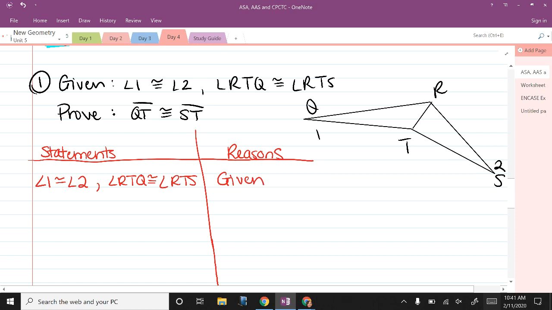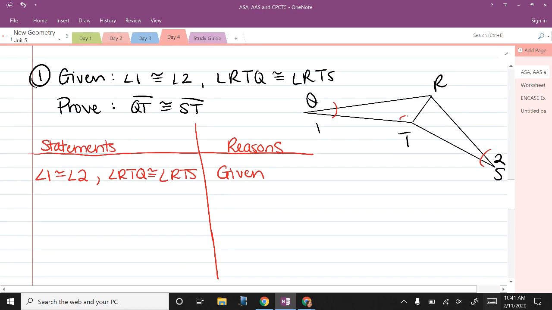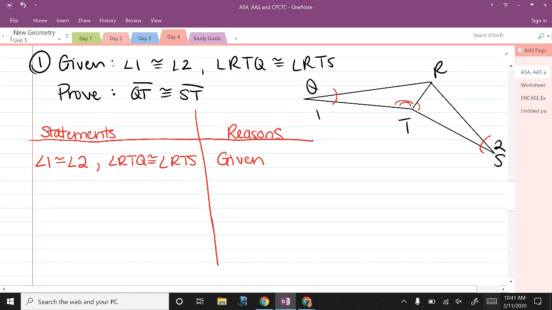That's what they told us. Now, did they mark anything congruent on the picture? No. So after we write down our givens, we need to mark it on the picture. So I'm going to mark angle 1 congruent to angle 2. And RTQ, which is this angle, is congruent to angle RTS, which is this angle.